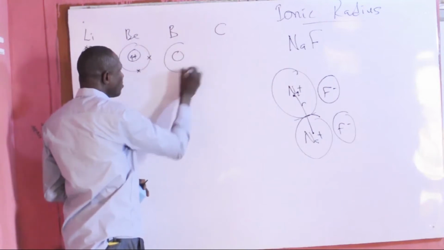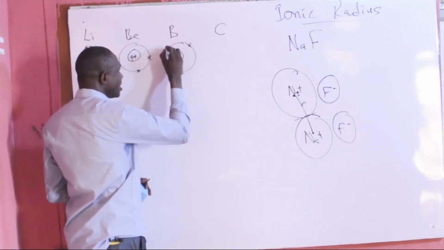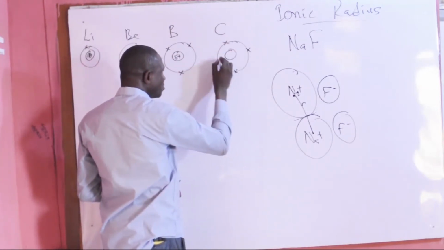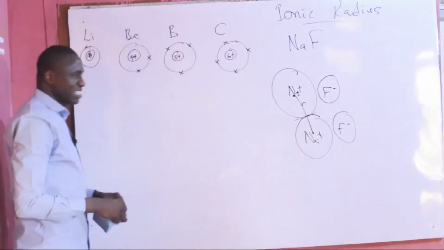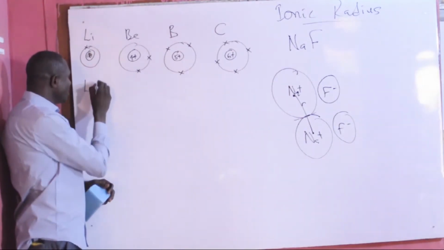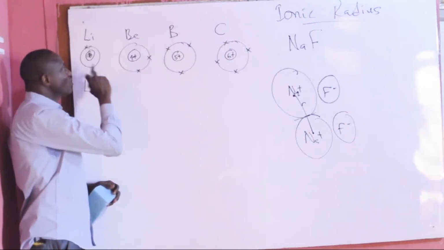A boron atom also has 2 shells, 5 protons in the nucleus, 3 electrons in the outermost shell. A carbon atom also has 2 shells, 4 electrons in the outermost shell and 6 protons in the nucleus, 2 electrons in the inner shell.